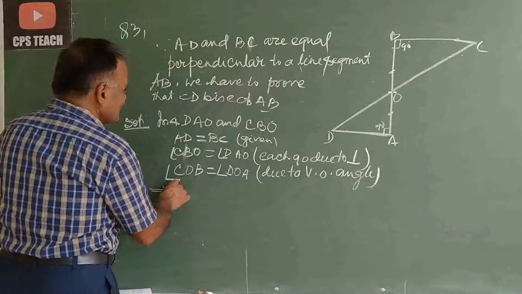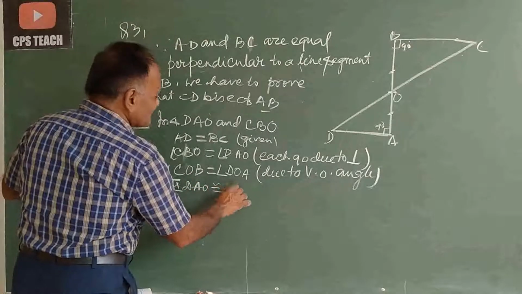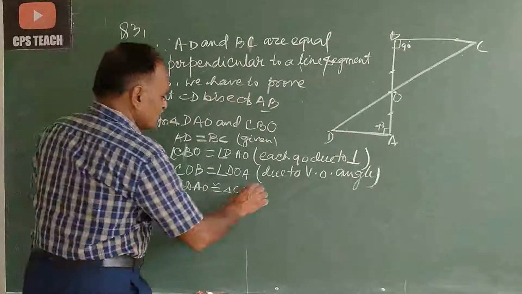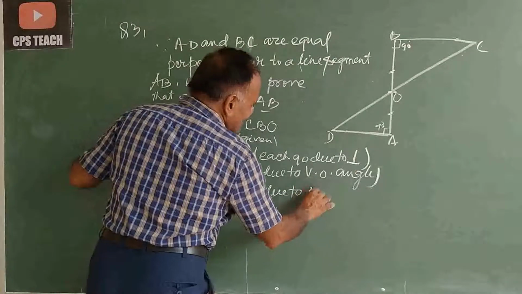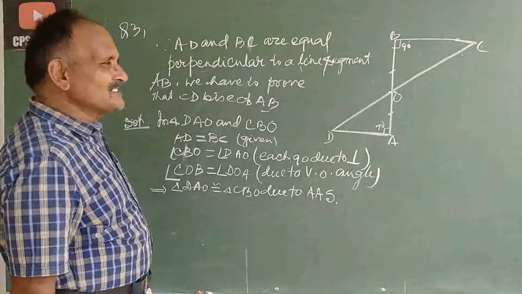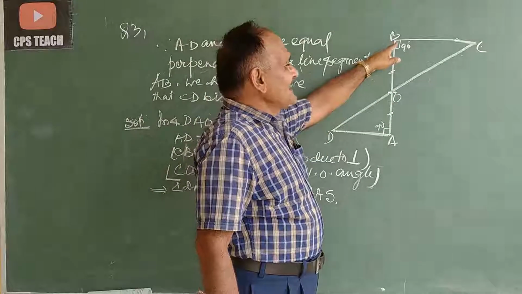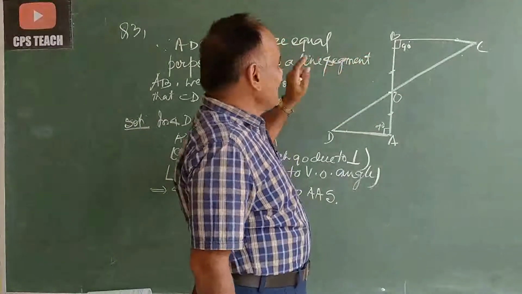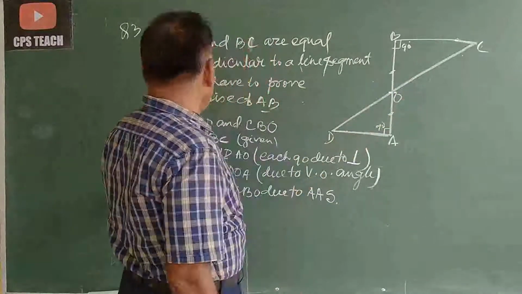This implies triangle DAO congruent to triangle CBO due to AAS, angle angle side. This vertically opposite angle is equal to this vertically opposite angle, and these two angles are of 90 degrees due to perpendicular, and the other thing is AD is equal to BC, it is given.